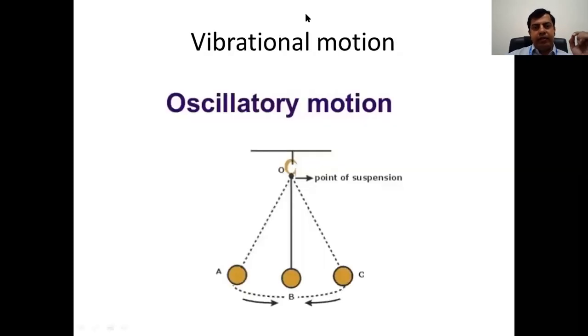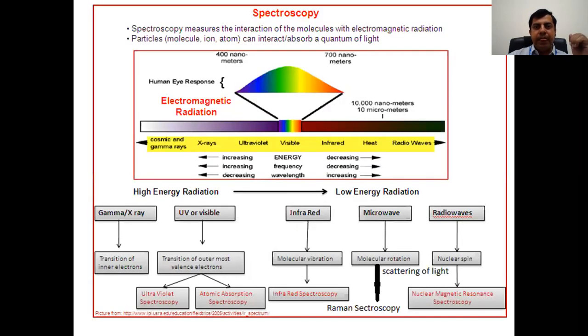And lastly, there is vibrational motion, and the example is oscillatory motion, like a pendulum. Here you can see what vibration is, because the molecule is not moving. It vibrates from A to C and remains in place. And there are different types of vibrations which originate spectroscopy.